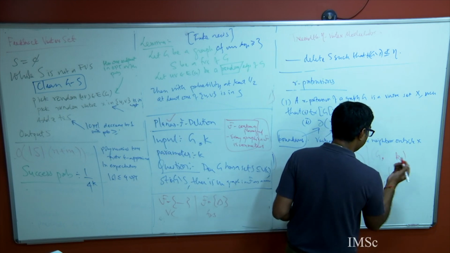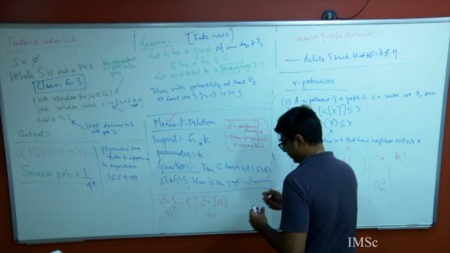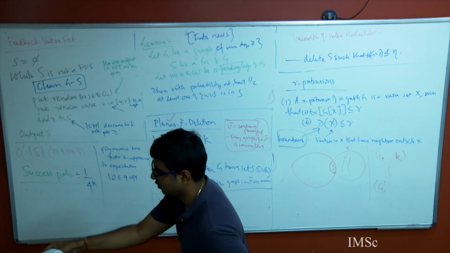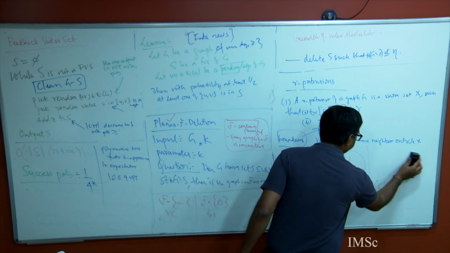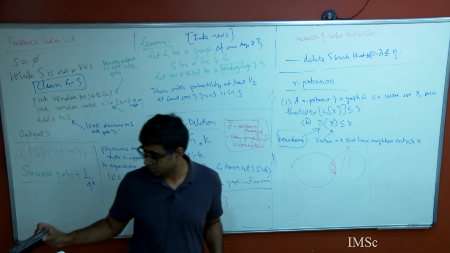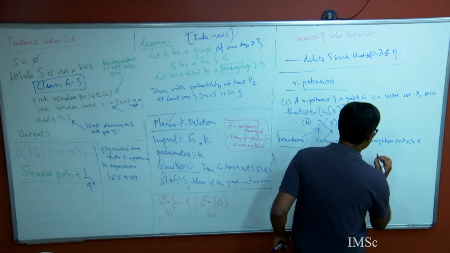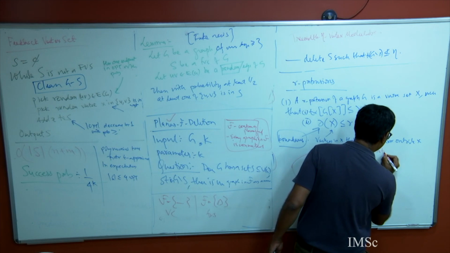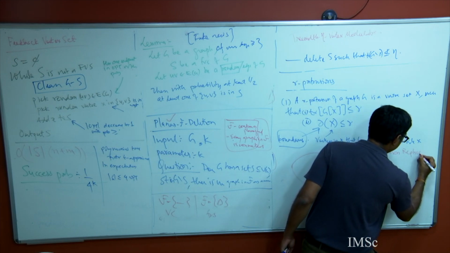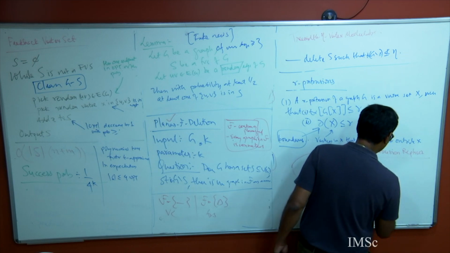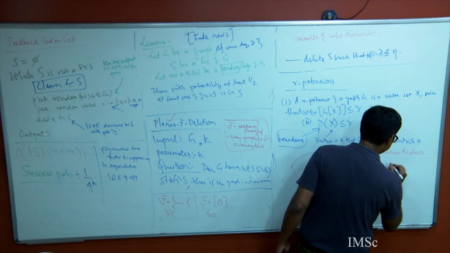So this is something which I will not tell you. This is called the protrusion replacer. What is the input to the protrusion replacer?